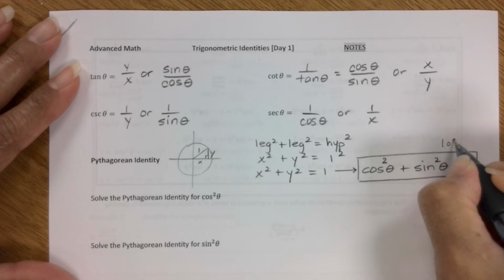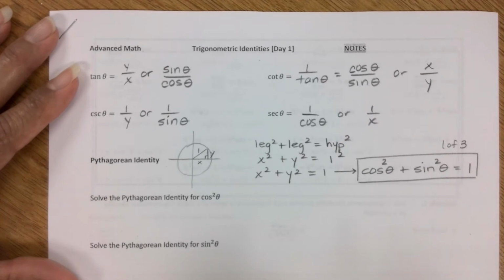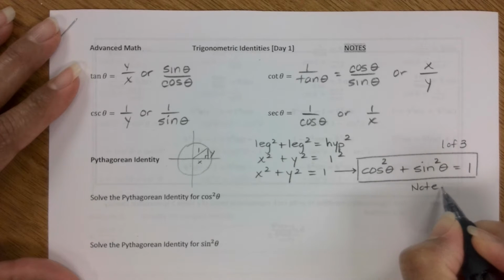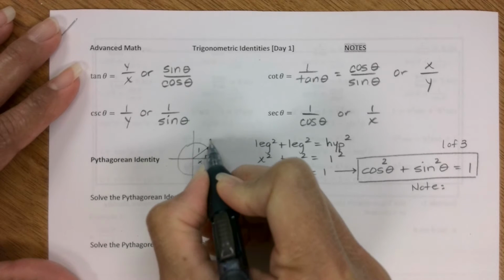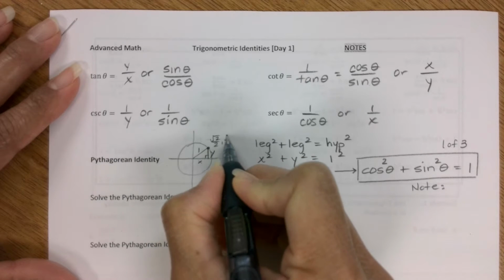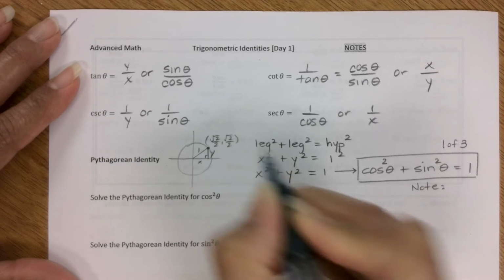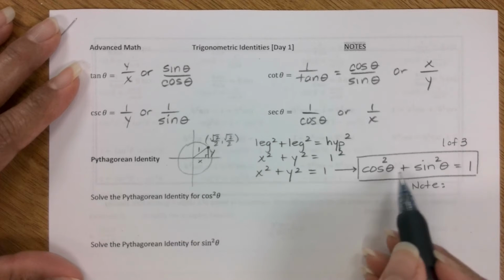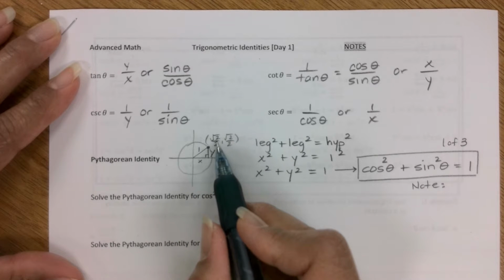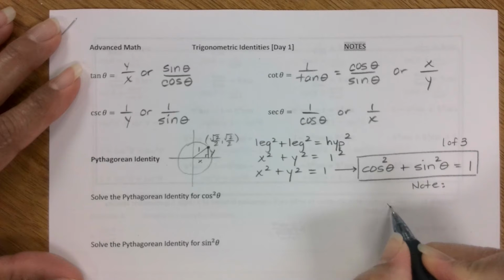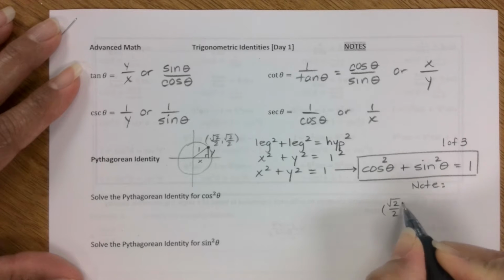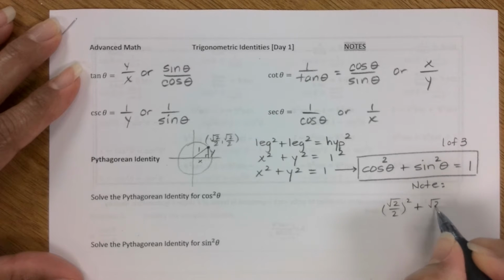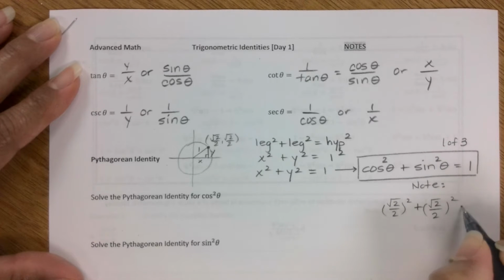This is one of 3 that we're going to go over. And I want you to see how this works. Note that we said that this was the point square root of 2 over 2 comma square root of 2 over 2, if you recall your unit circle points. So notice how it will satisfy this equation. My cosine theta at that angle would be the x value, which is square root of 2 over 2, and if I square that, and the same thing with my sine value, the y value, which happens to be the same number.